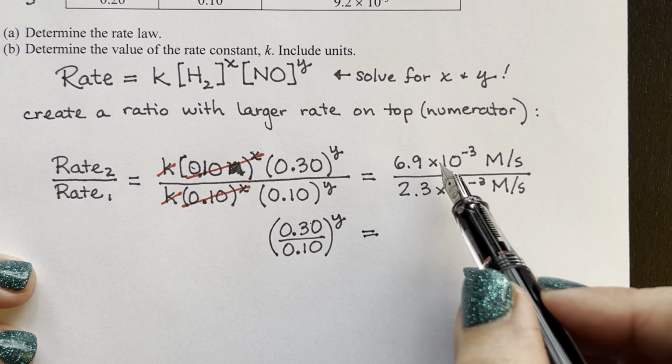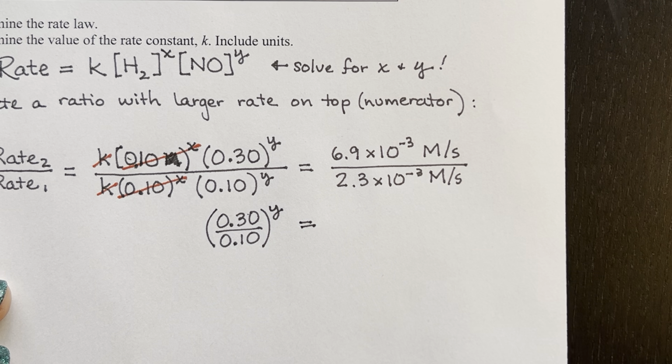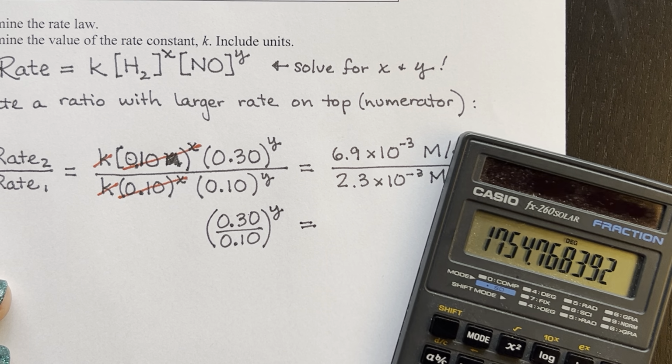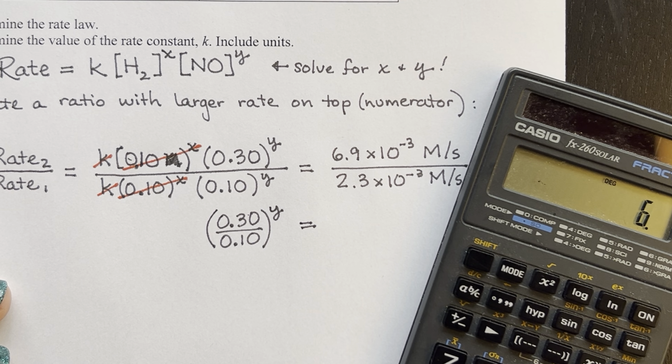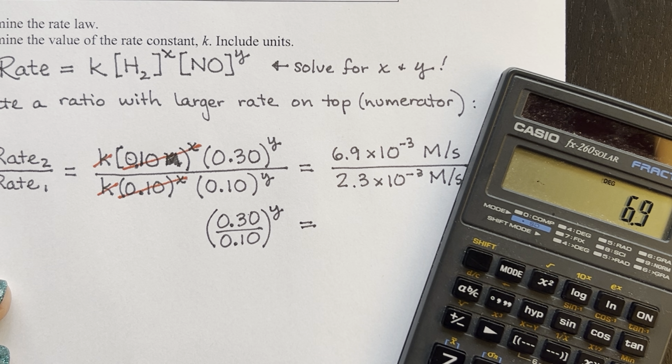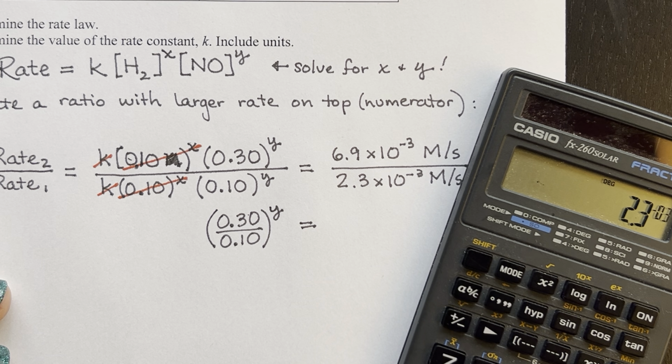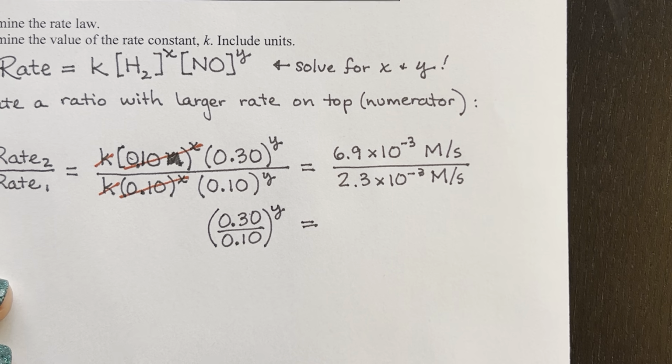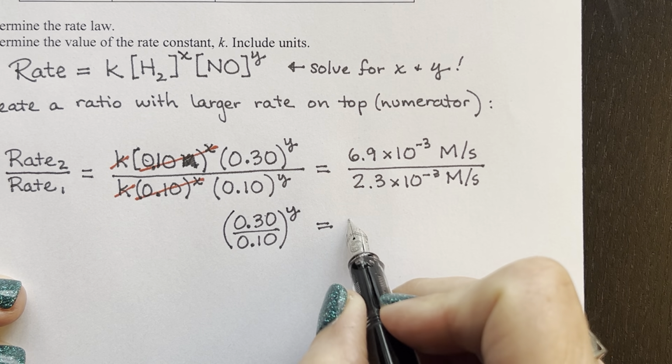Why don't we calculate what this ratio of the rates is. So we have 6.9 times 10 to the minus 3 divided by 2.3 times 10 to the minus 3. It is equal to exactly 3.